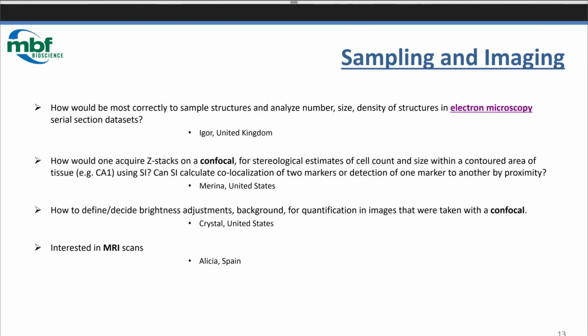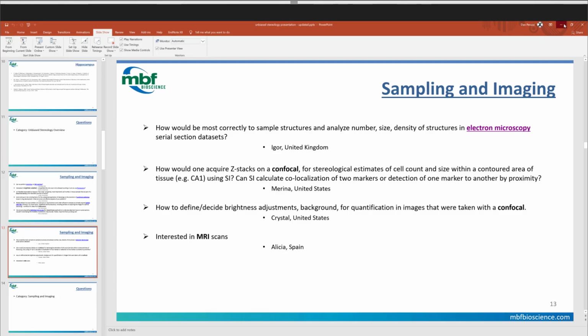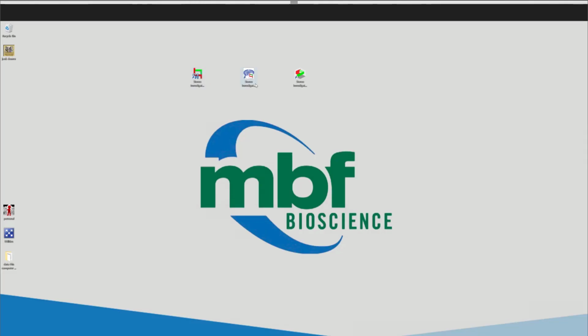So I'm going to pause the PowerPoint and let's take a look at the three incarnations of Stereo Investigator that are made to accept images rather than be connected to hardware. That's what I'm using today. I'm at home. I'm not connected to any hardware. Stereo Investigator Desktop, you can load image stacks, confocal or bright field or any type.